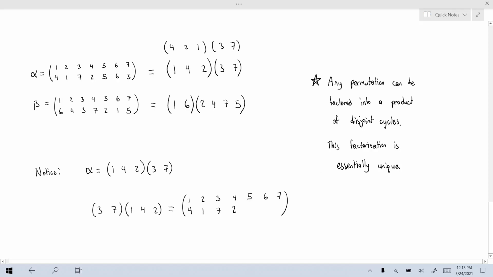Starting at 5, 5 maps to 5, and then 5 again, so we end at 5. Starting at 6, 6 maps to 6 and then 6 again. And finally, 7 maps to 7, and then that 7 will map to 3, so we ended at 3.